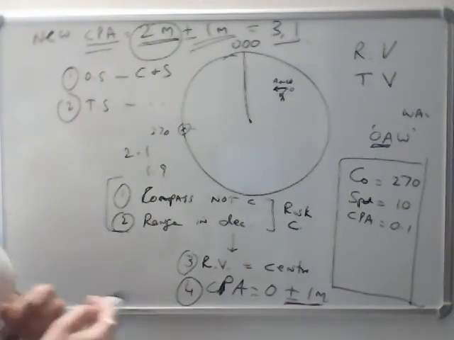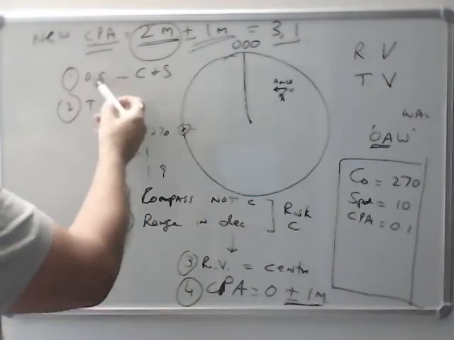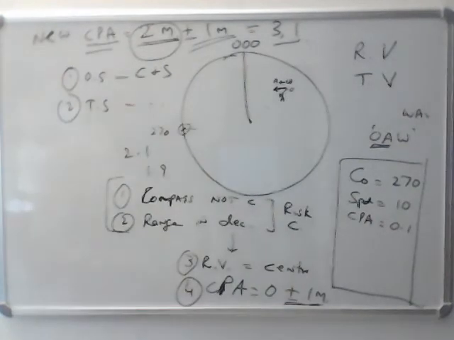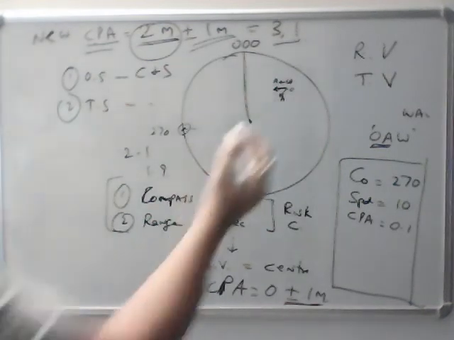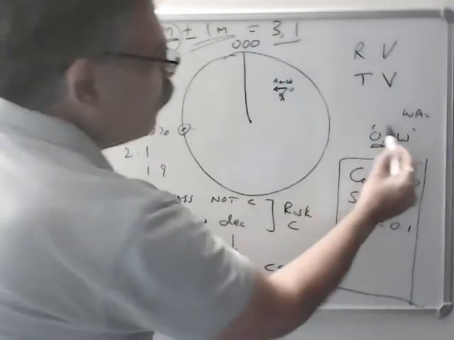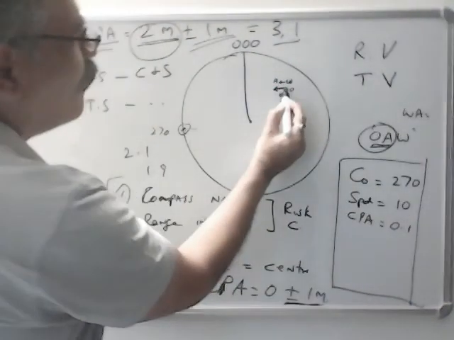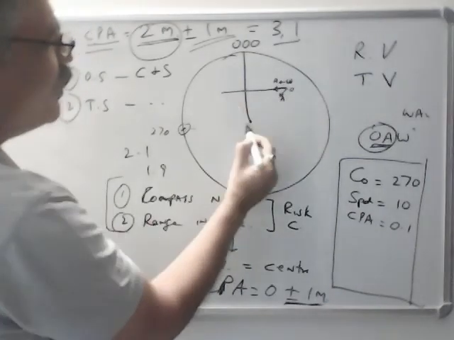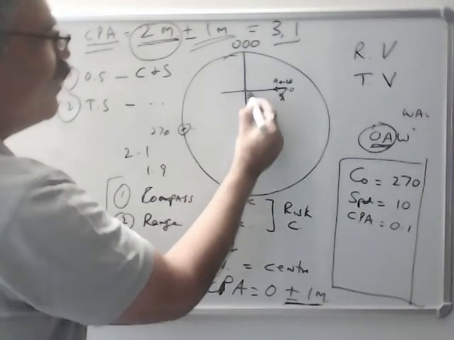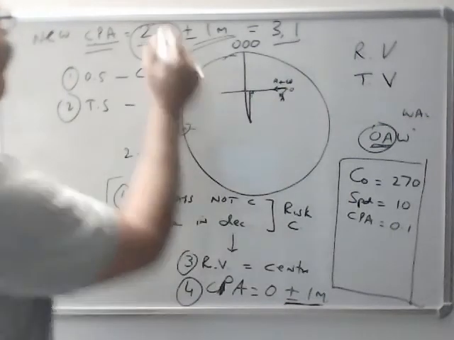This is because own ship and target ship's course is changing by 1 or 2 degrees, and the speed is also changing by 0.1, 0.2 knots. So OA is changing. OA keeps changing. Now this is the present OA, and a CPA is calculated by dropping a perpendicular, and you get a CPA of 2 miles.